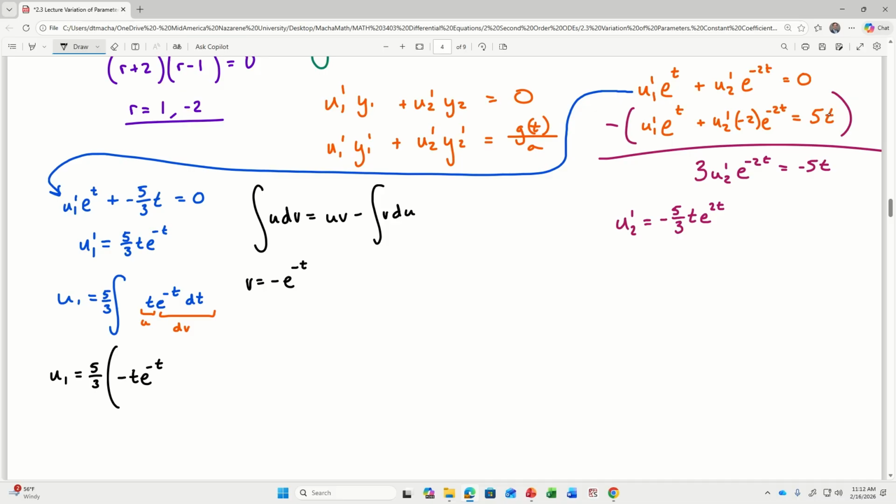Since this is dv, v will be negative e to the negative t. And then du will be dt. So uv is that minus the antiderivative of v, two negatives make a positive, du.